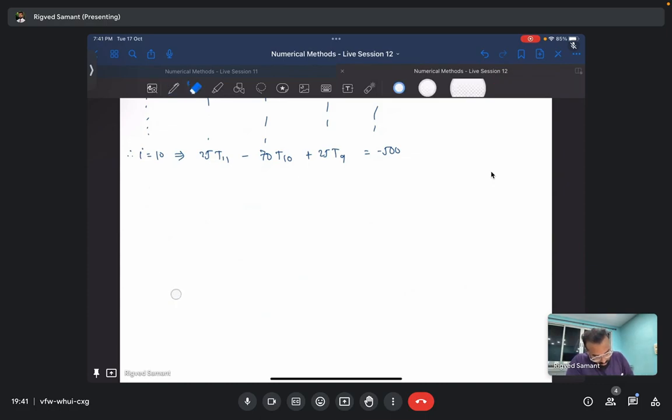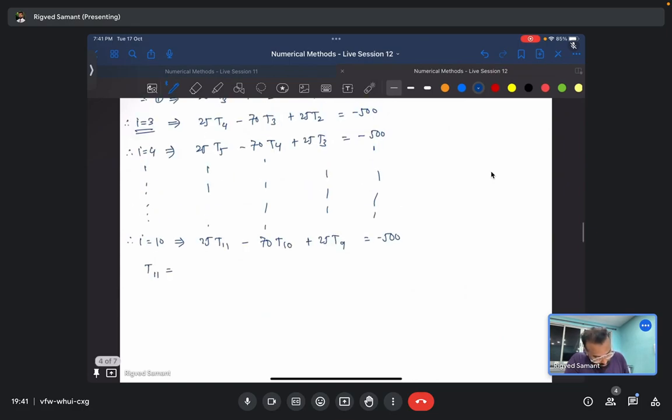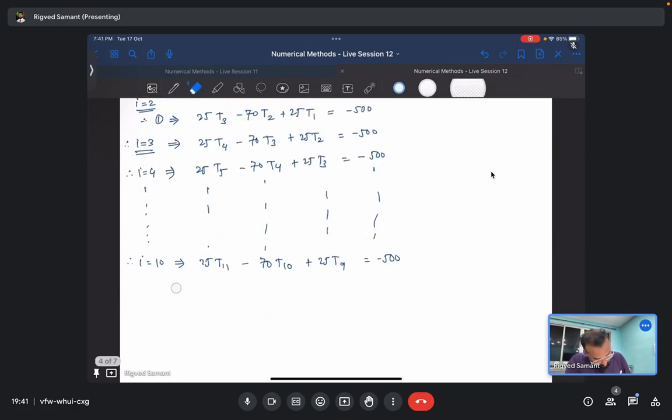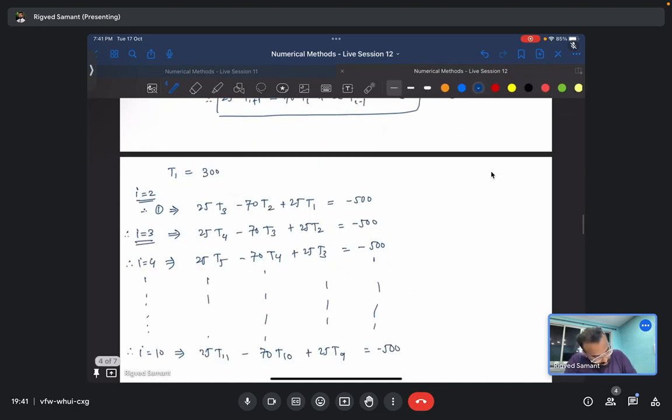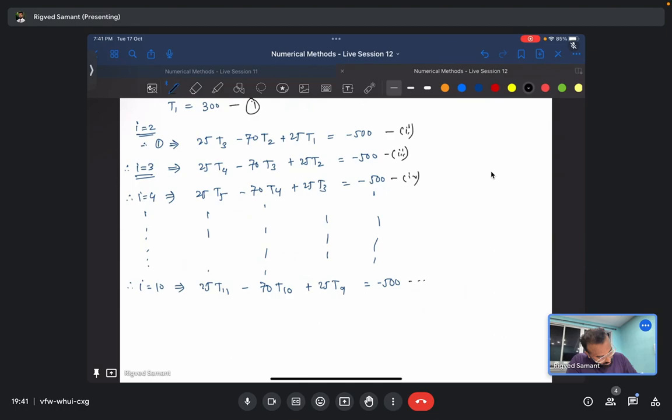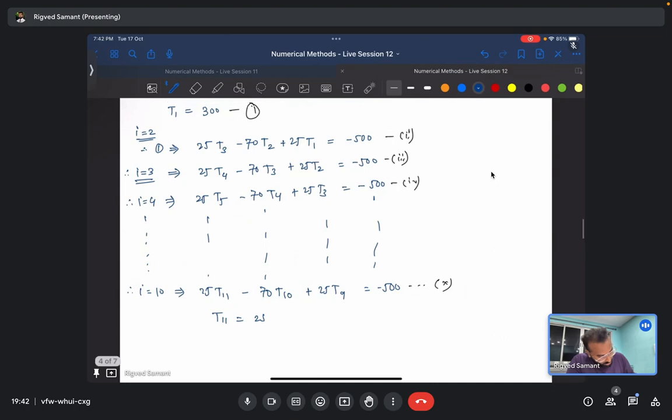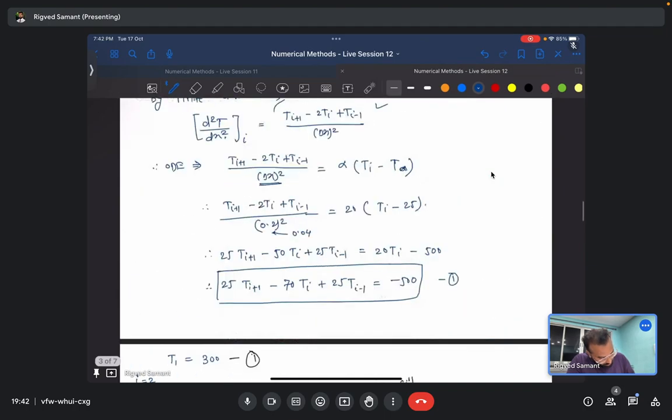That's how it is. I forgot to write one more equation. This is equation 1, and T11 is equal to 25.